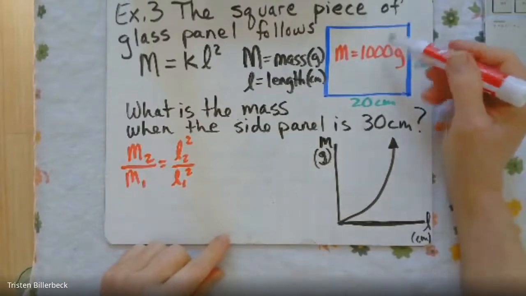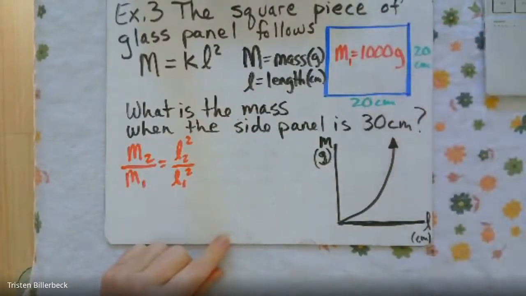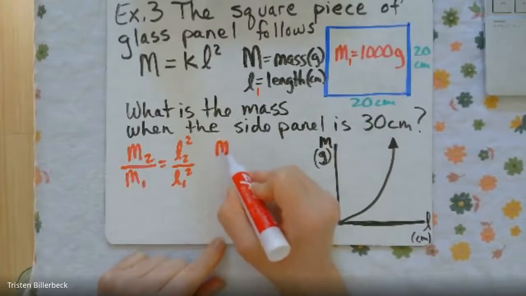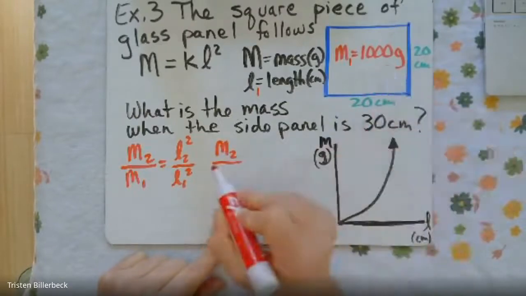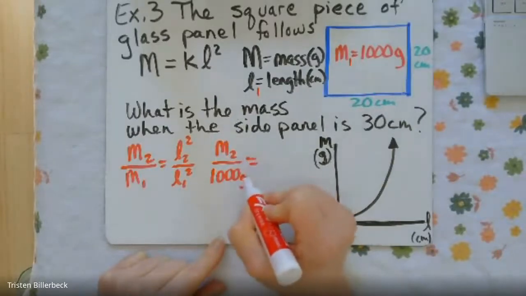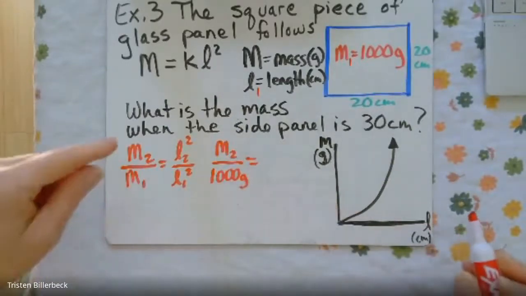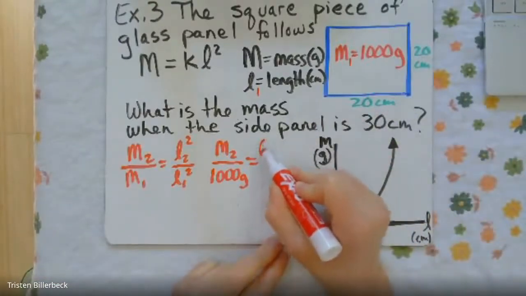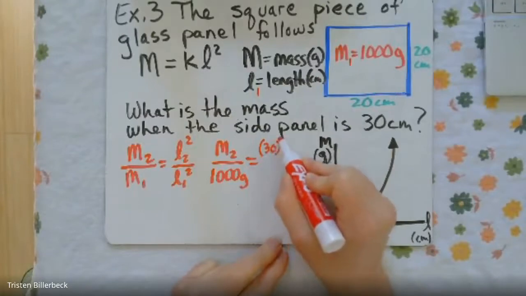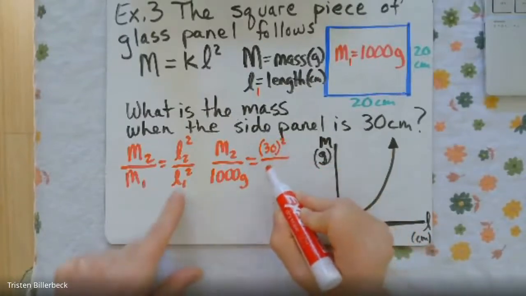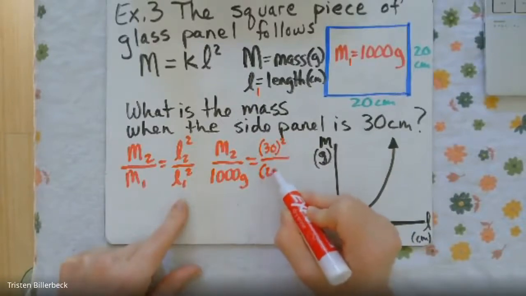So we have the mass 1 is that. We're going to call this L1. So let's put M2 here, and mass 1 is 1,000 grams. And L2 is 30 squared. L1 is 20 squared.